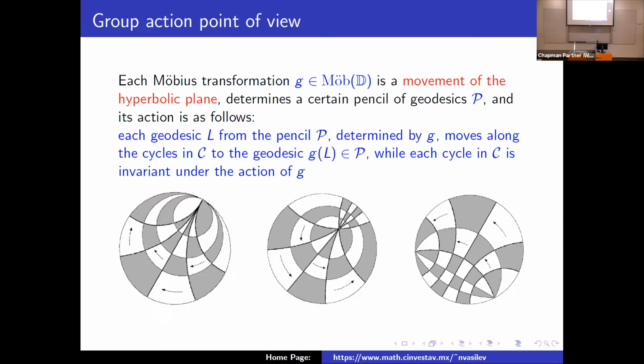Our cycles are just the orbits of the action of this group. So we may say, in another formulation, consider any maximal one-parameter, any, what is this?